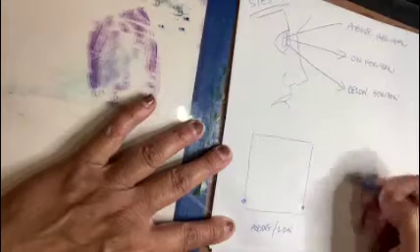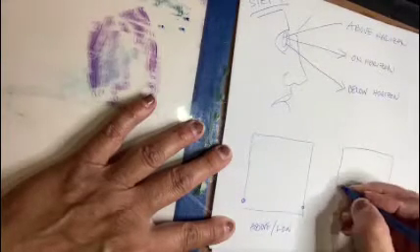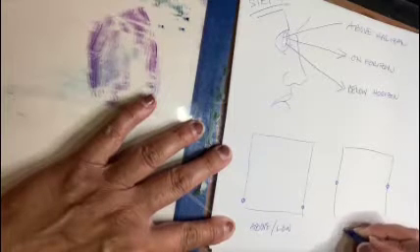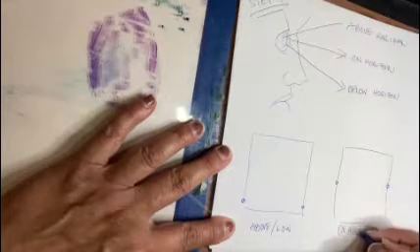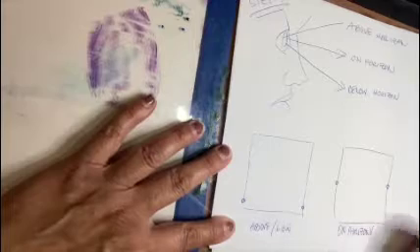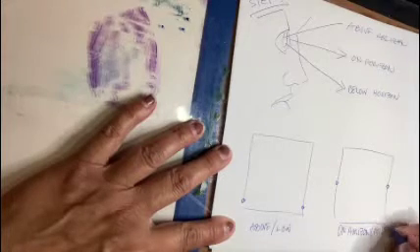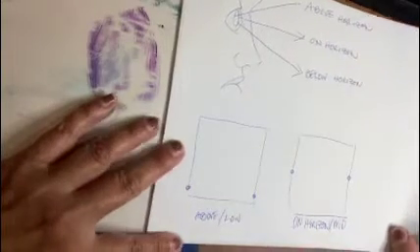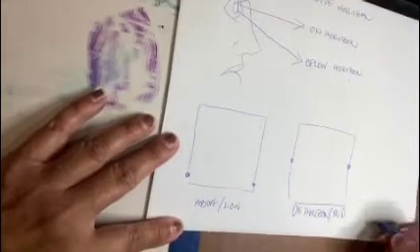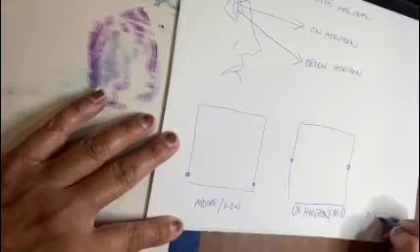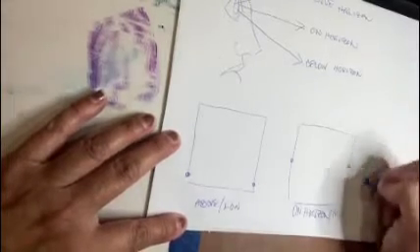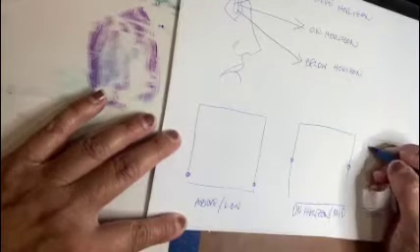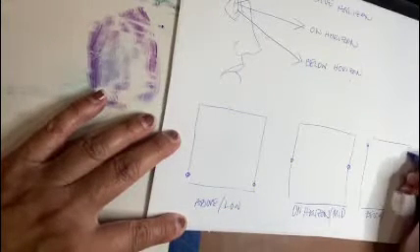Now, if you want your world to appear on the horizon, then I recommend that the points be in the middle. Now, if you want your world below the horizon, then your points, your vanishing points, should be at the top.